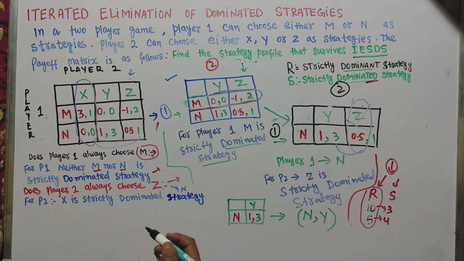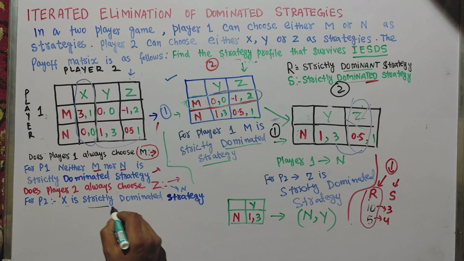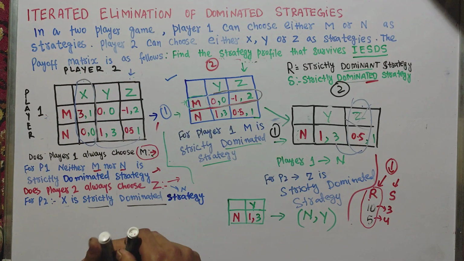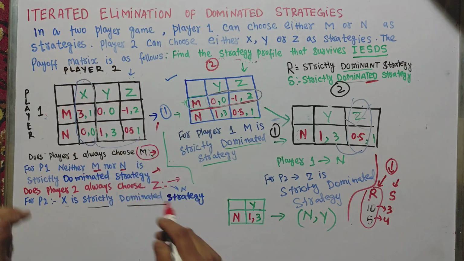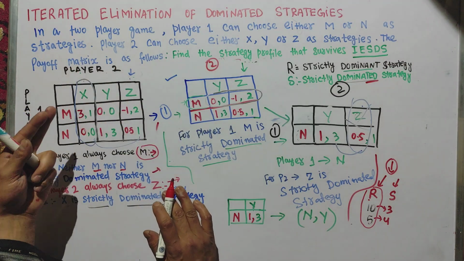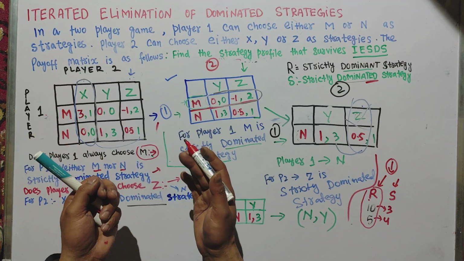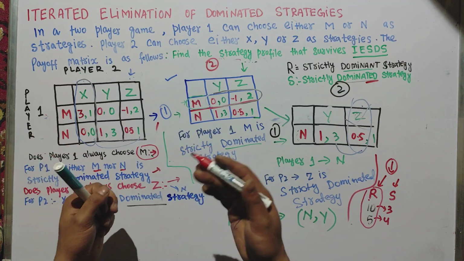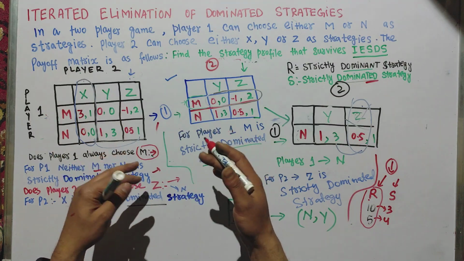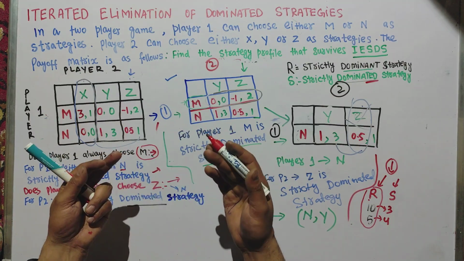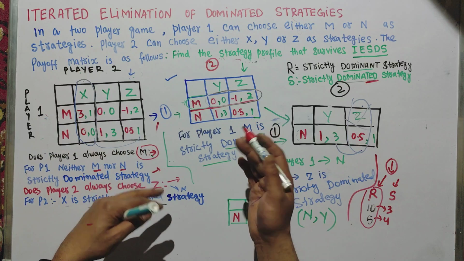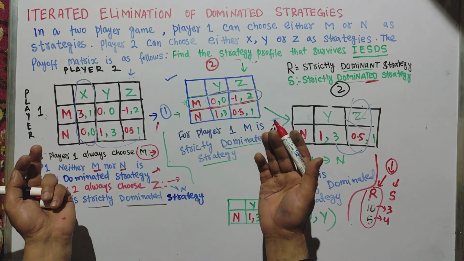So X is the strictly dominated strategy, and our endeavor is to remove it. We assume that both players are rational. That means each player knows that the rest of the players are also rational.